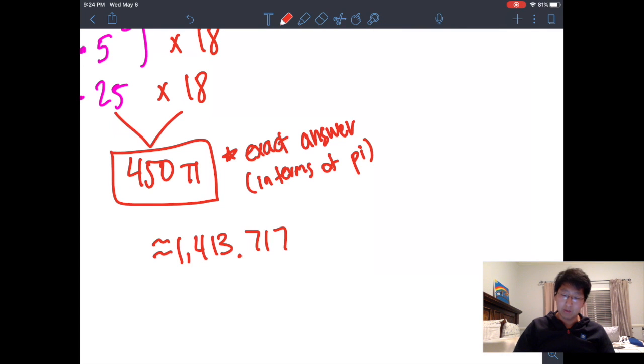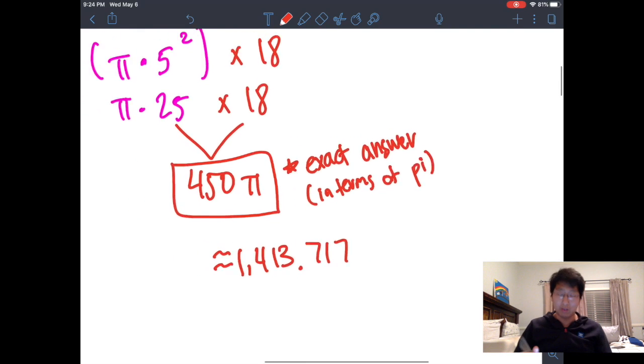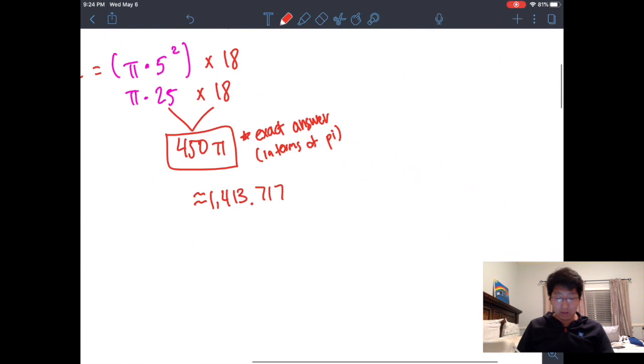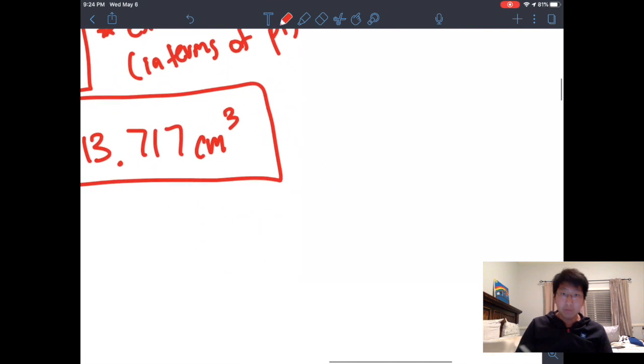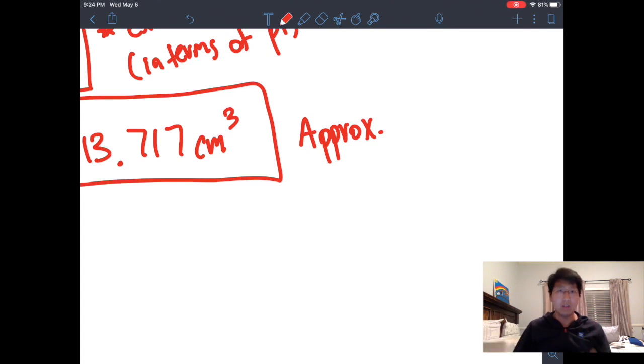I'm going to round that up to 7. Okay. So it's either 450 pi or 1,413.7. Notice that it's in centimeters, so it's going to be centimeters cubed. And this right here is an approximate answer. Approximate. So it's an estimate.